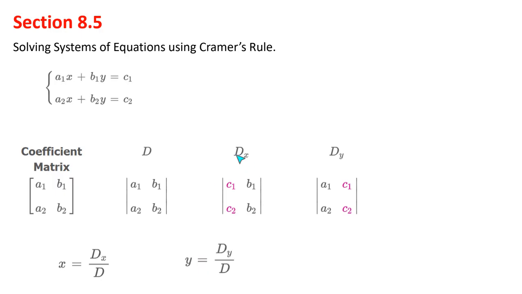Then we're going to find the determinant called dx. For this situation, we replace the a1, a2 by the constants, and then we find the determinant. And then for dy, we replace the y's with the constants, and then we find the determinant. So your answer for x is going to be dx divided by d, and y is going to be dy divided by d.